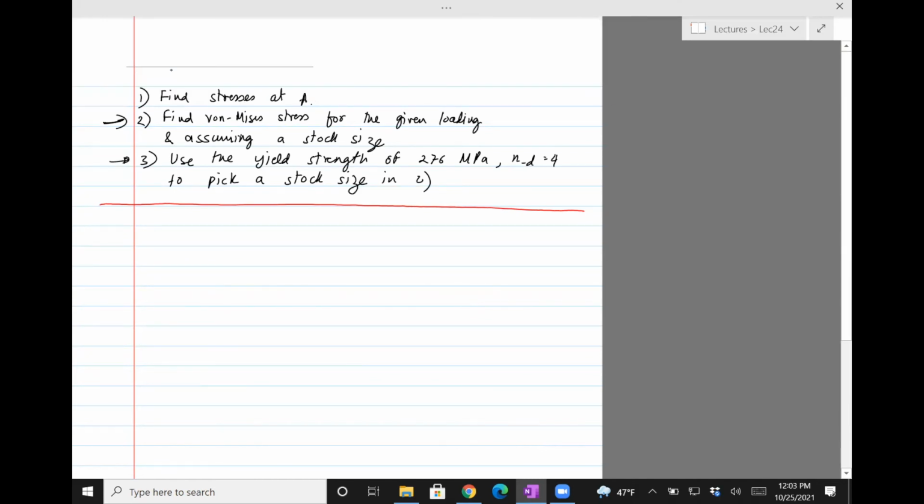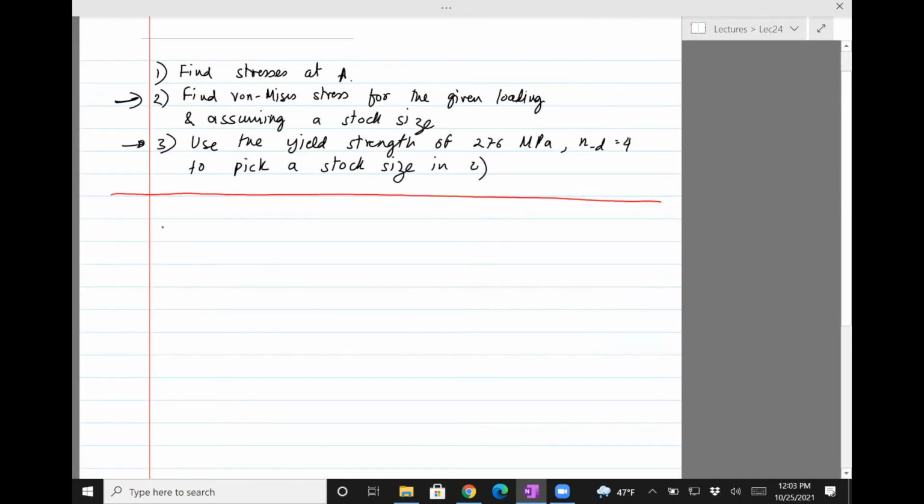Okay, so we know the definition of design factor is max stress upon allowable stress. So the max stress is our yield strength, and let's say that the allowable stress is sigma A. Okay, just give it a name.